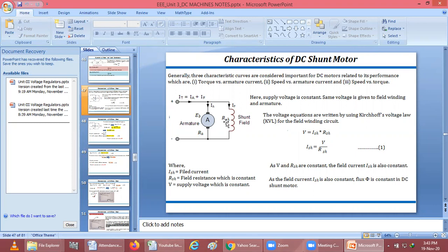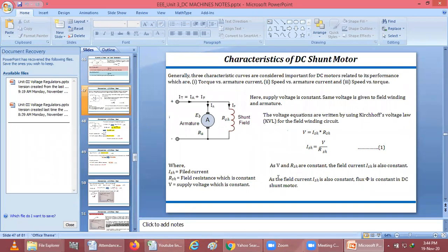So the voltage across this field winding, according to Ohm's law, is I into R. That current we can call the field current or the shunt current. That's why I have written ISH into RSH.